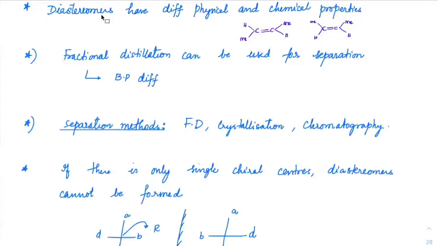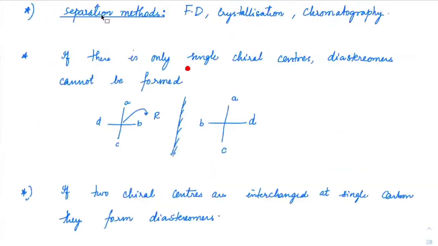Suppose you have a single chiral center like A, B, C, D. If you check the mirror image, both of these are called enantiomers. If I take this as 1 and 2, we call 1 and 2 enantiomers.